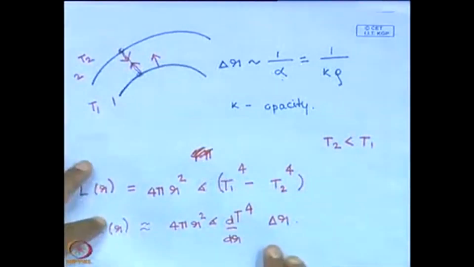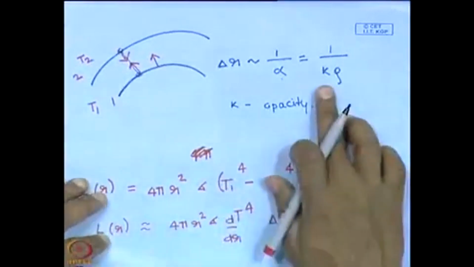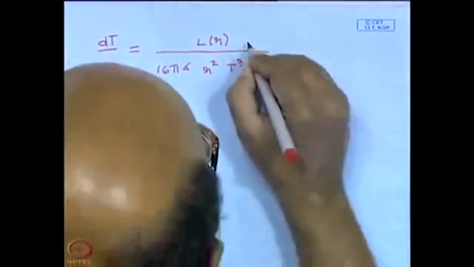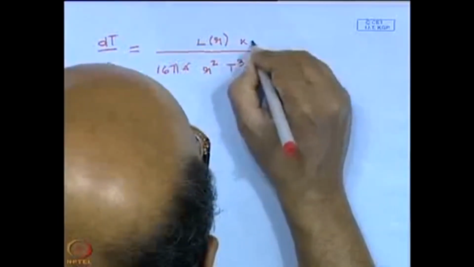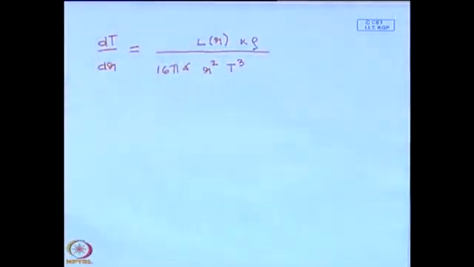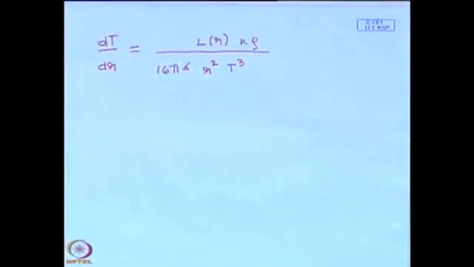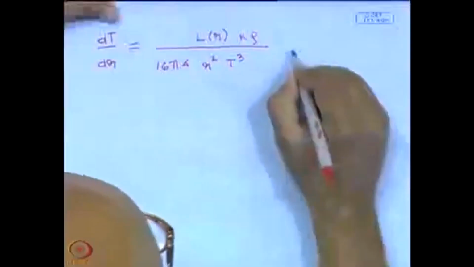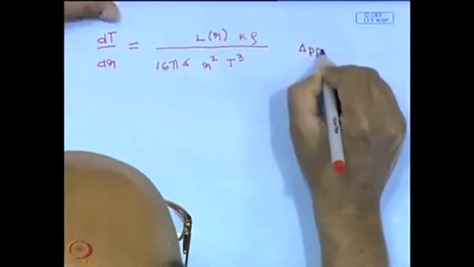So we have 1 by delta r, so we have to multiply with kappa and rho. This gives the temperature gradient in the sun, in a star. This is an approximate formula that we have derived. Our calculation here has been rather approximate.